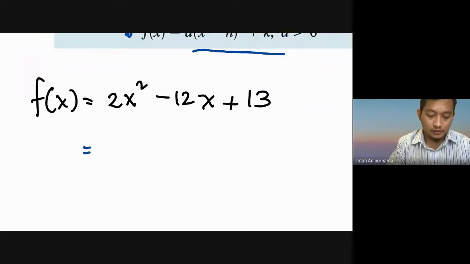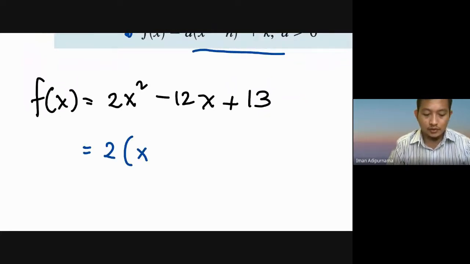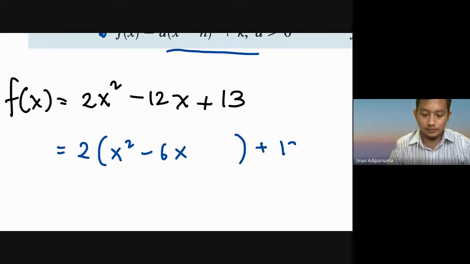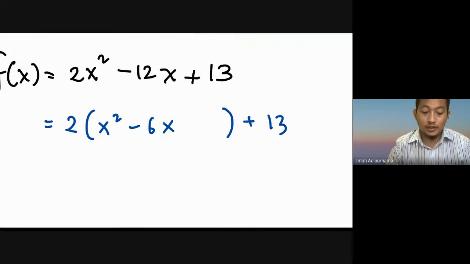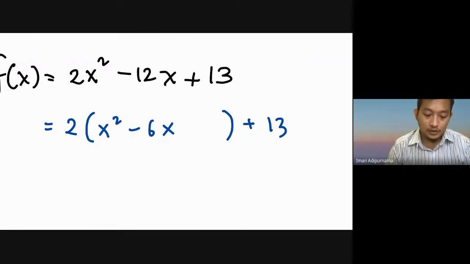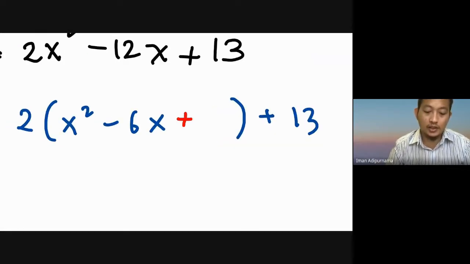Write down, making it into this equation. To complete the square, remember you need to add 6 over 2 and then square. 6 over 2 is 3. 3 squared is 9. So plus 9.